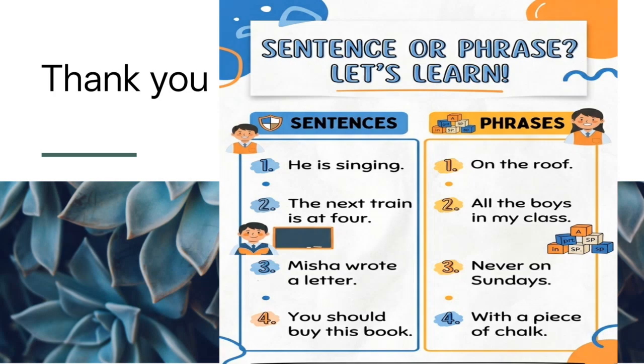Let me make it very clear that a phrase does not have both a subject and a verb working together. Maybe a subject, maybe a verb is present in a phrase, but both cannot work together.